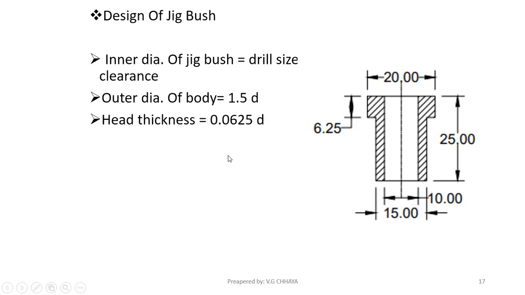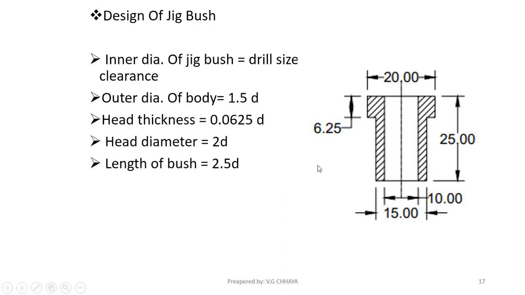Then we need to find head thickness. Equation of head thickness is 0.0625 into d, so we will find head thickness as 0.625 because d is 10 mm. Then head diameter is 2d, so 2 into 10 will be 20 mm.